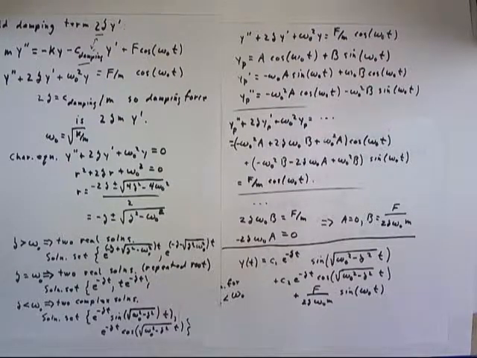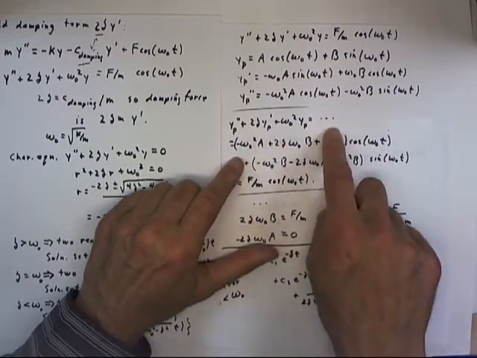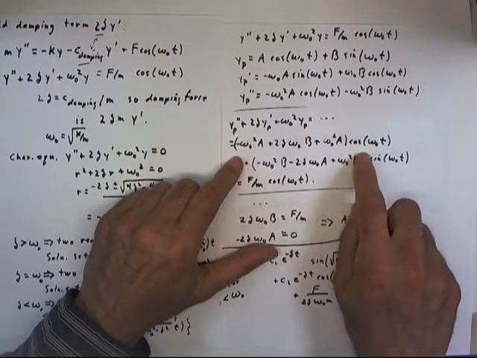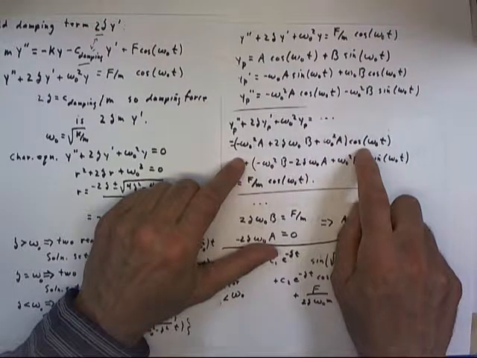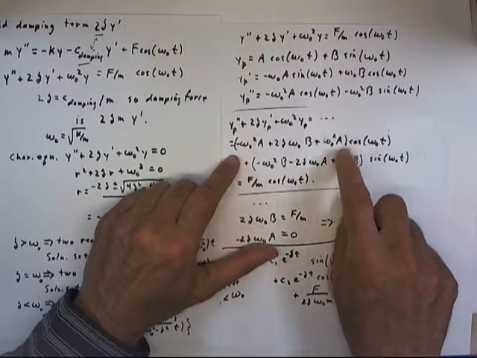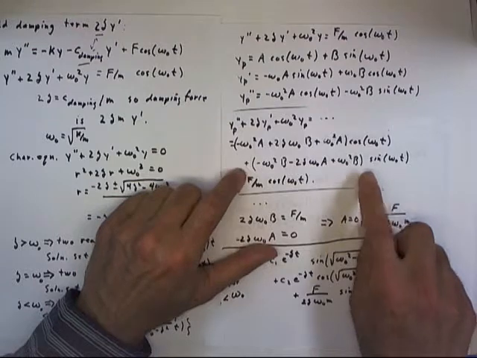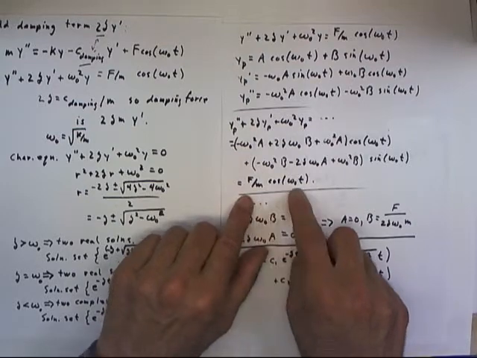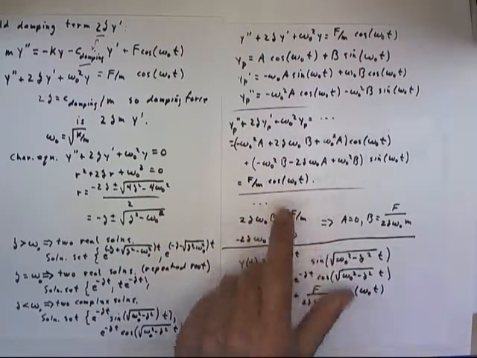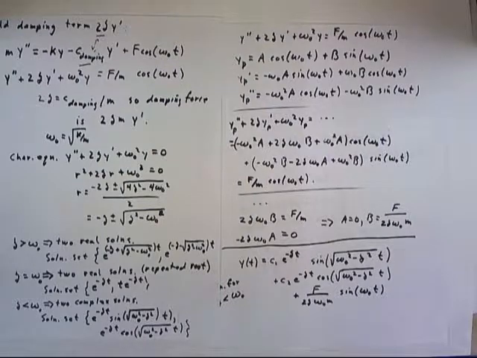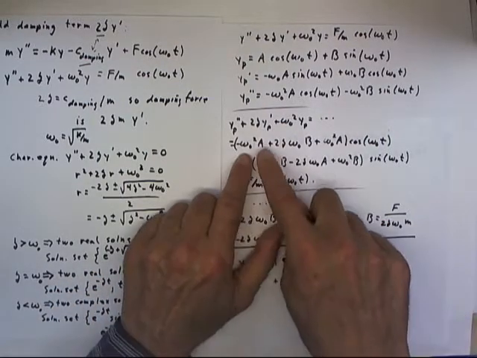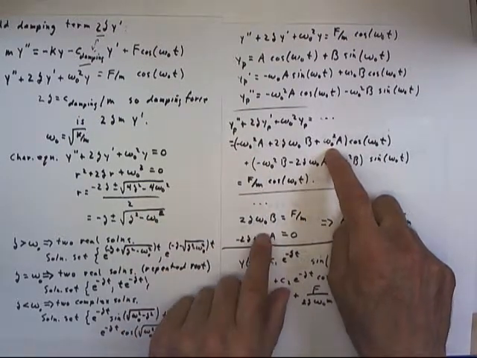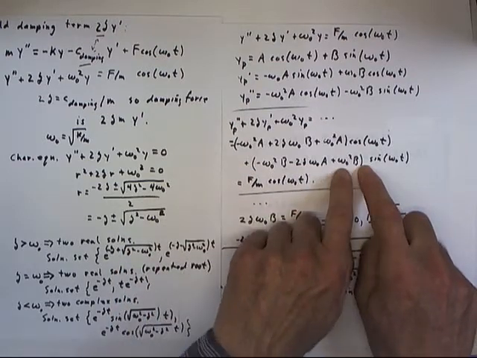The details are a little bit different, but we plug these solutions in, we do the algebra, and we simplify to the form where we have something multiplied by the cosine of omega naught t, something else multiplied by the sine of omega naught t, and of course that's going to be equal to our right hand side, which is a multiple of the cosine of omega naught t. This leads us to the conclusion that whatever is here has to equal F over m, and whatever's here has to equal 0.